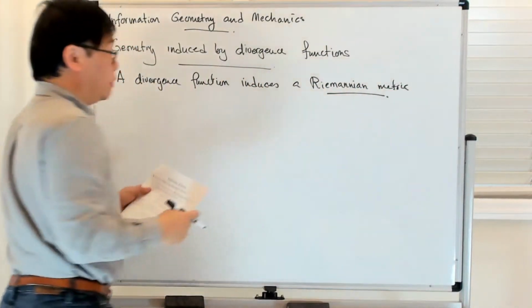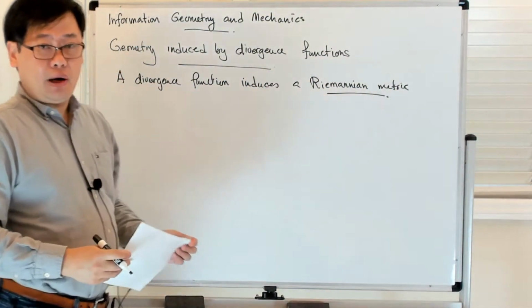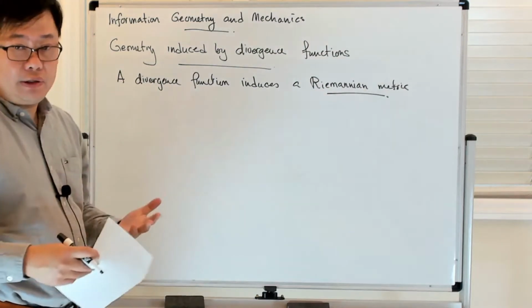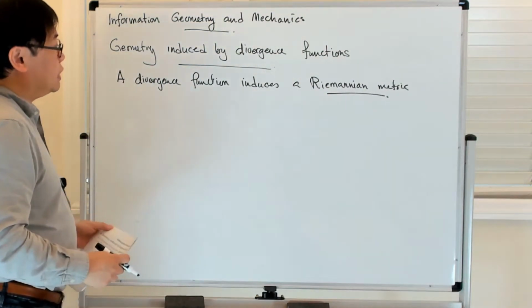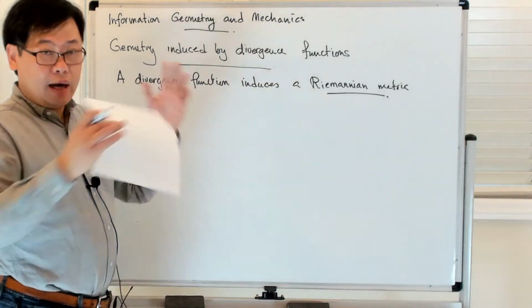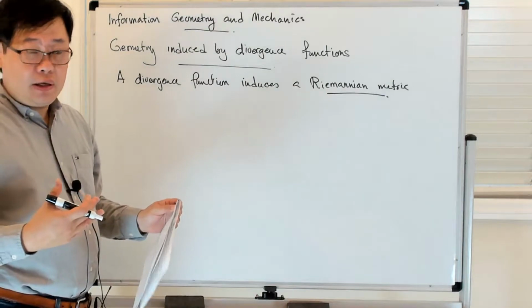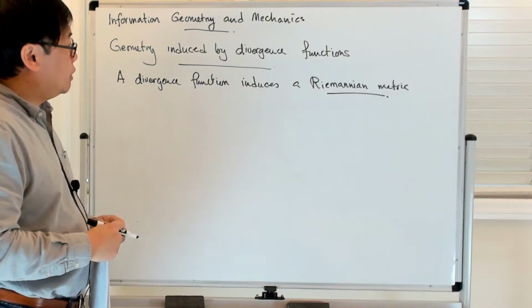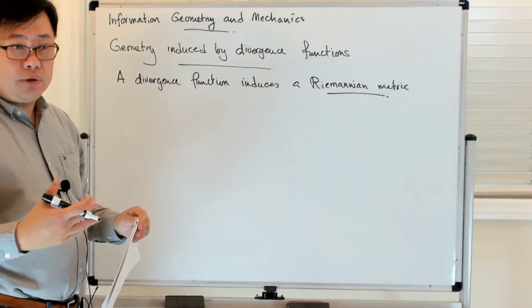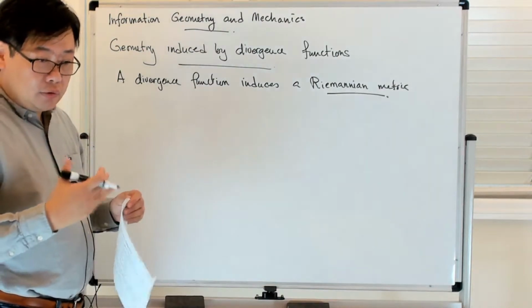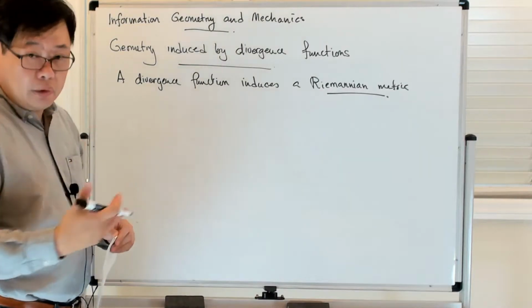And I wouldn't worry if you haven't seen notions like Riemannian metrics and things like that before, even the notion of a manifold. We will discuss this in greater detail as the course progresses. The main point is to give you a high-level overview of what the main players in this problem are and what the connections are, so that you have a conceptual framework on which to build your knowledge.